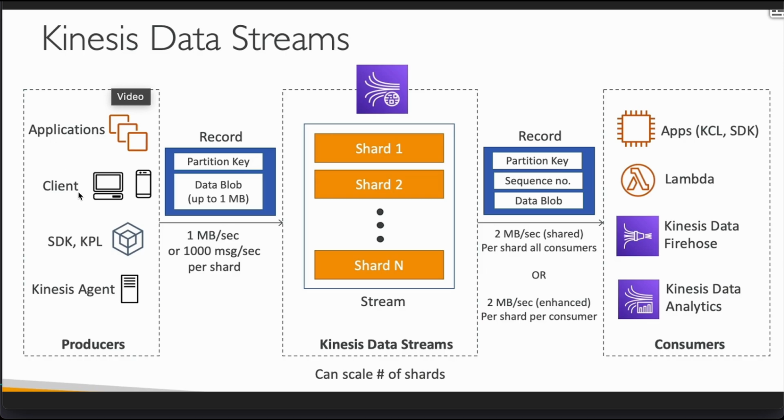These are the sectors. If you want to build software for the bank sector and you want to monitor the data, such as where the applications are installed, where the data is going, and where the data is being retrieved, using Kinesis Data Streams you can monitor real-time data and real-time logs.